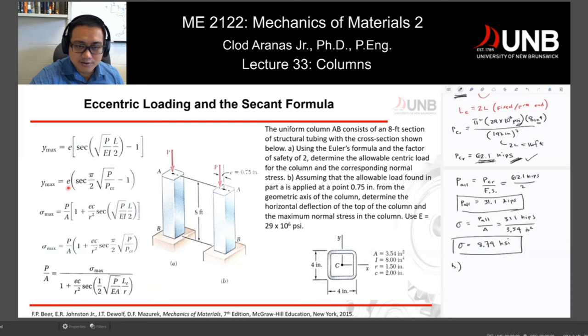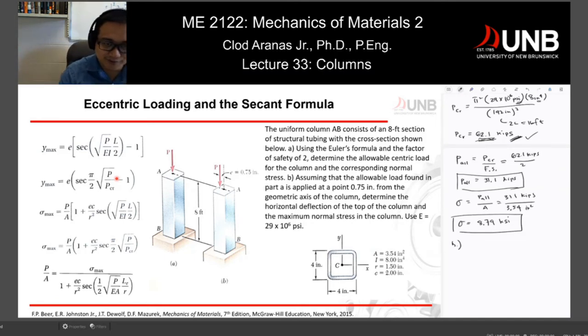So you have your E, your critical load, your allowable, and then we just have to use them. But yeah, I'll make those things clear. So let's solve this one. In part A, what we found out is our P allowable is equal to 31.1 kips. But we know that our PCR, the critical value, is 62.1 kips.